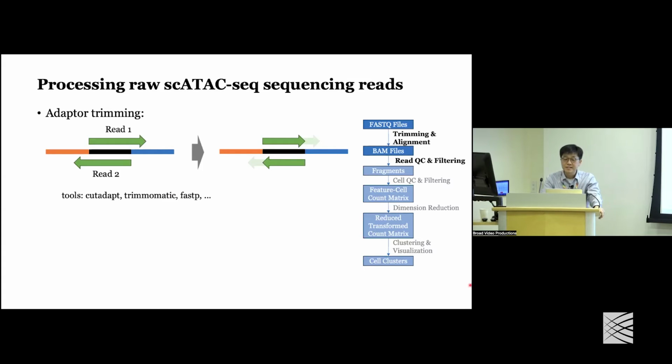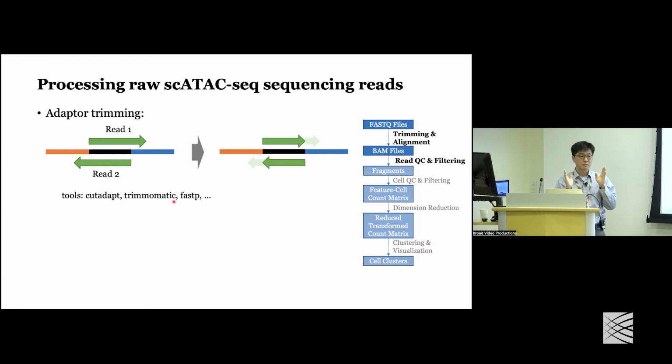So the first and second task are actually quite straightforward and should be familiar to many of you, because they are common to high throughput sequencing data analysis, such as whole genome sequencing and RNA-seq. The first step is adapter trimming. The adapter sequences for ATAC-Seq should be trimmed because many of the fragments generated by ATAC-Seq are actually shorter than read length these days.